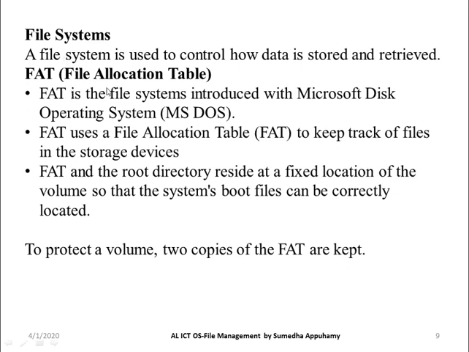FAT, file allocation table. FAT is the file system introduced with Microsoft Disk Operating System. FAT uses a file allocation table to keep track of files in the storage device. So you need a table. With the help of this table you can identify the file name and where you have stored the file.